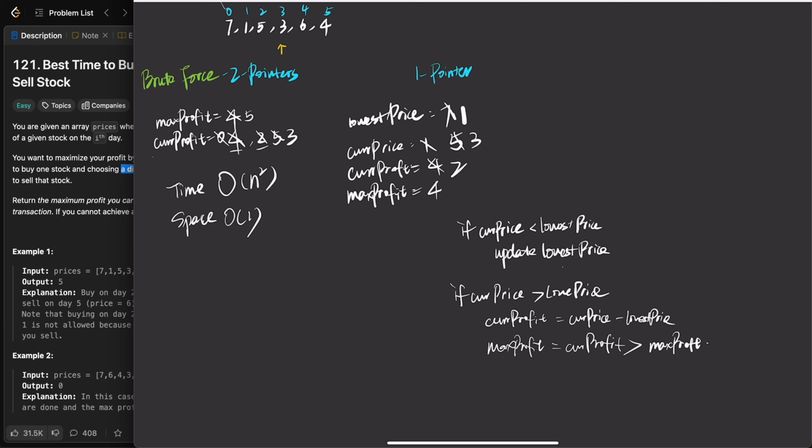If not, we don't have to update it. This is the condition when we update the maximum profit. So now it will be more clear.